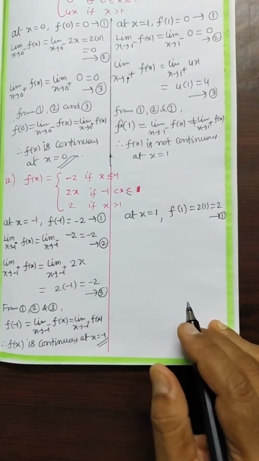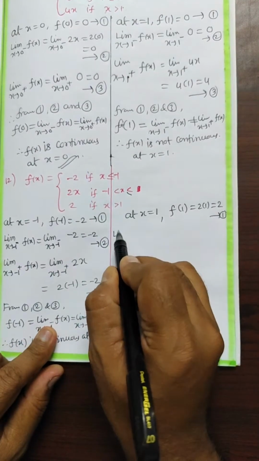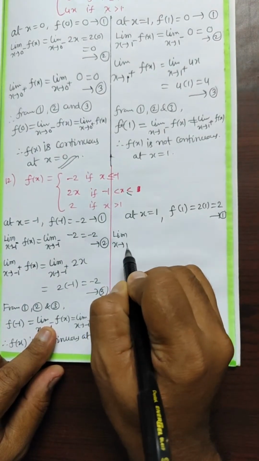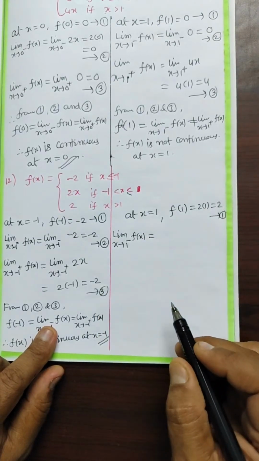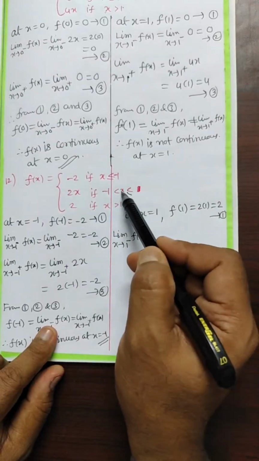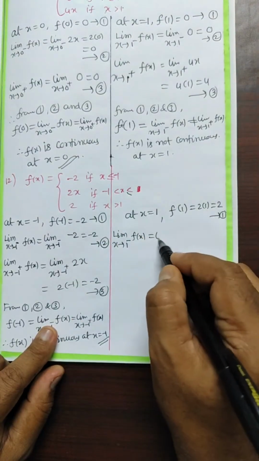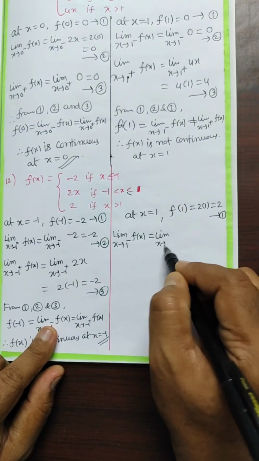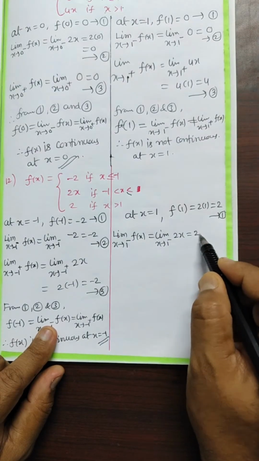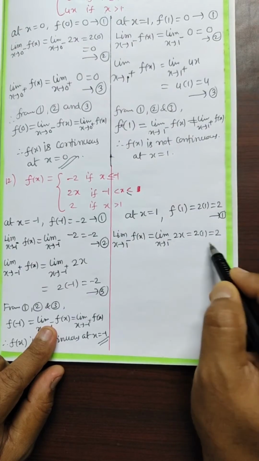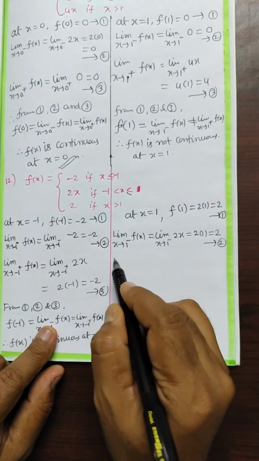Equation number 1. Limit x tends to 1 minus f of x. 1 minus means x is less than 1. When x is less than 1, again the same function, limit x tends to 1 minus 2x. So 2 into 1 substitute, which is equal to 2, equation number 2.